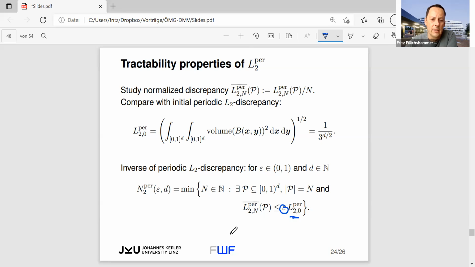Okay, so that's the so-called inverse of periodic L2 discrepancy. And of course, this notion of inverse of discrepancy can also be introduced for any other discrepancy in use. And in the general case, I just write n of epsilon d. In a more general context, in numerical analysis, this quantity, the inverse of discrepancy, is also called the information complexity.